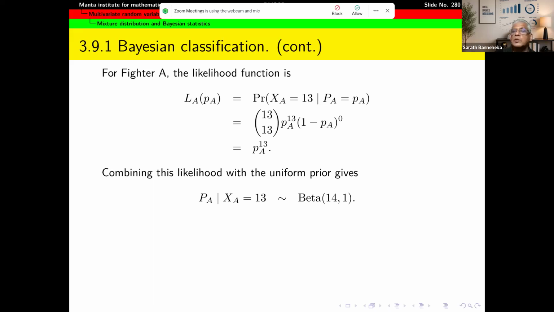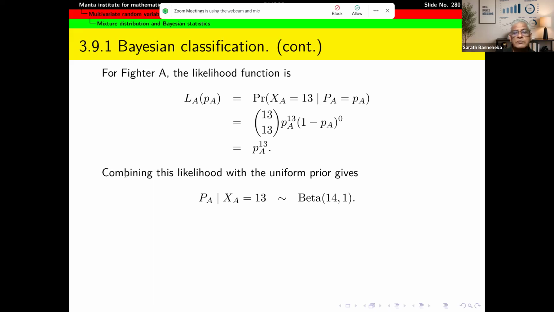That is the probability of observing what we have already observed. So what we are looking at is, if the probability is PA, what is the probability of observing something similar to that. When you look at it as a function of PA, it's called the likelihood function. It is given by this expression, PA to the power of 13.